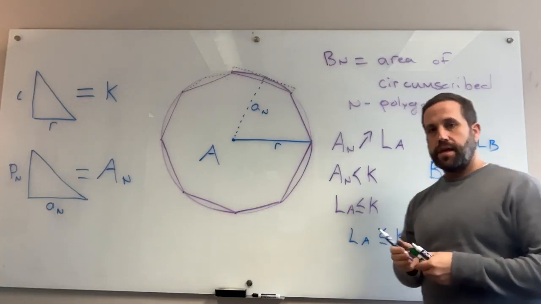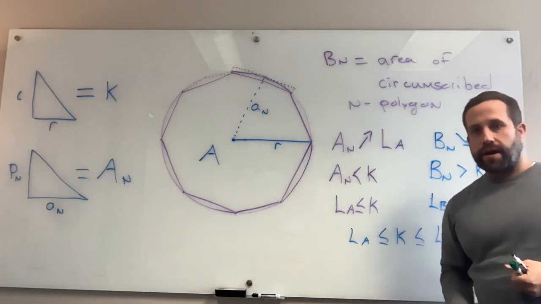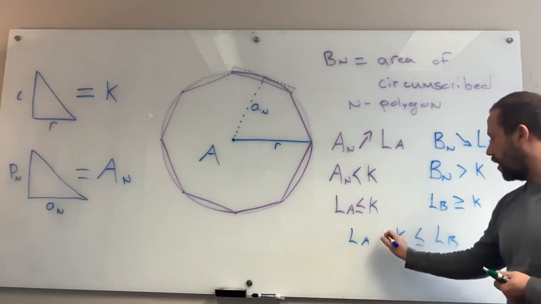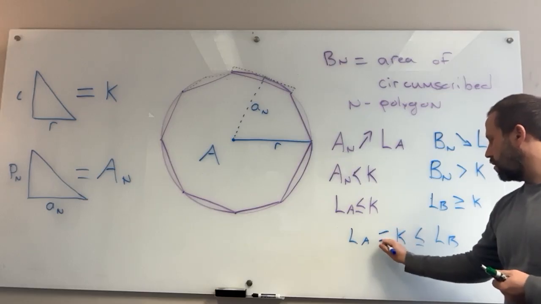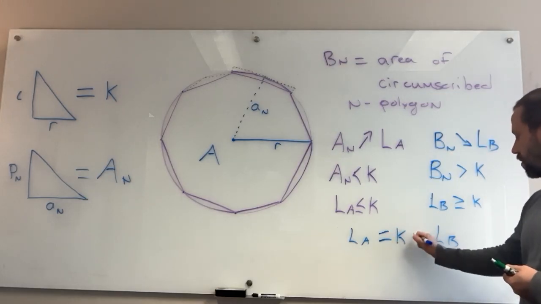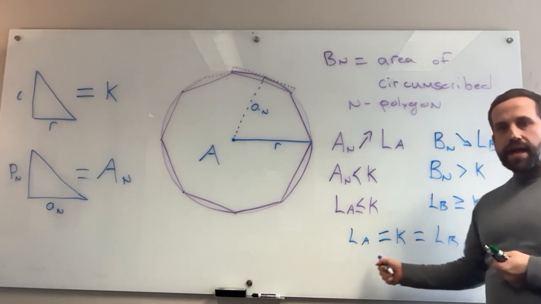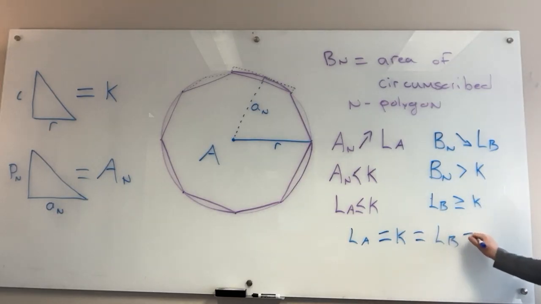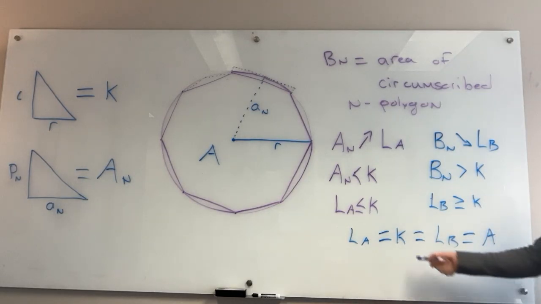So A_n goes to the area of the circle, B_n goes to the area of the circle. So in other words, L_A and L_B have to be equal to each other. So we actually have equality here. L_A and L_B are both equal to the area of the circle, which is equal to K.